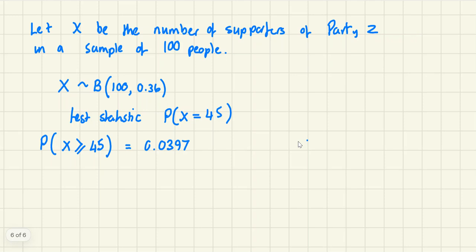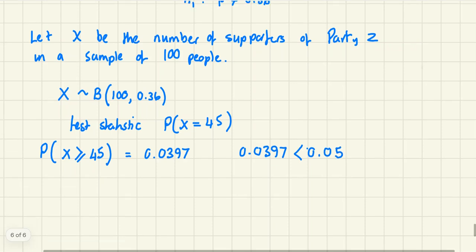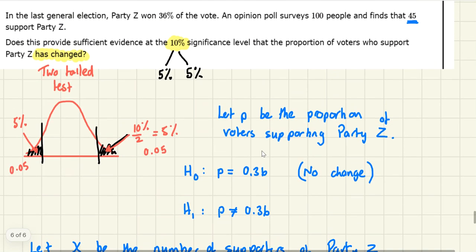So what does that mean? It's smaller than. So 0.0397 is smaller than 0.05. So if we consider our diagram, where does that put it?